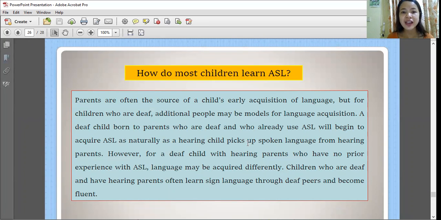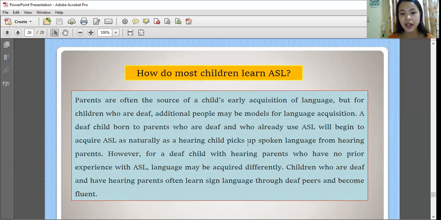And the question: how do most children learn ASL? Parents are often the source of a child's early acquisition of the language, but for children who are deaf, additional people may be models for language acquisition. A deaf child born to parents who are deaf or who already use ASL will begin to acquire ASL as naturally as a hearing child picks up spoken language from hearing parents.